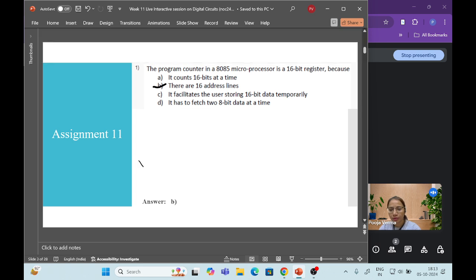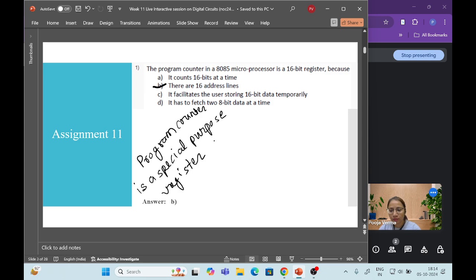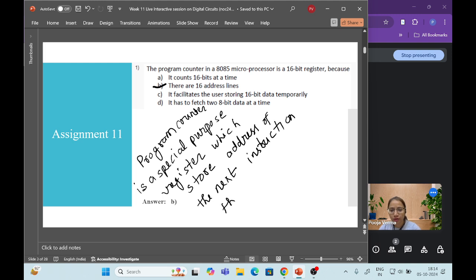So the program counter is a special purpose register which stores the address of the next instruction that needs to be executed.